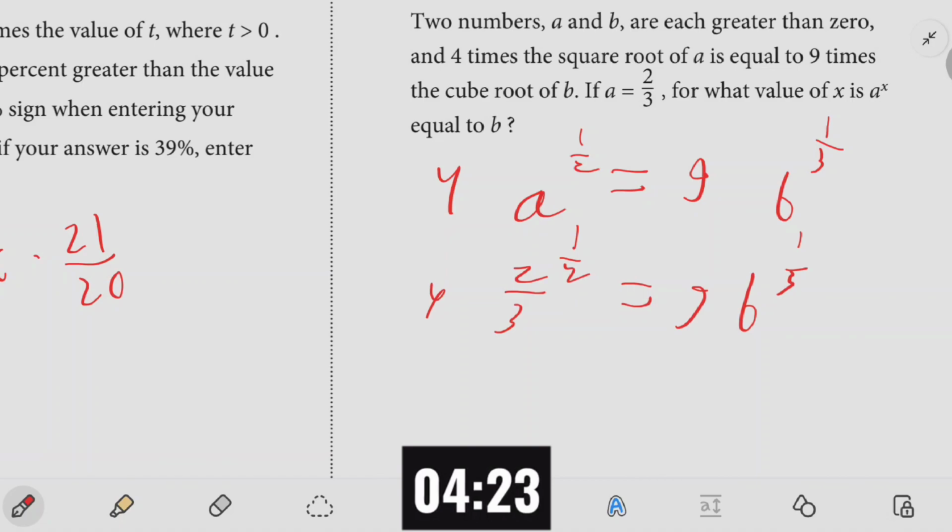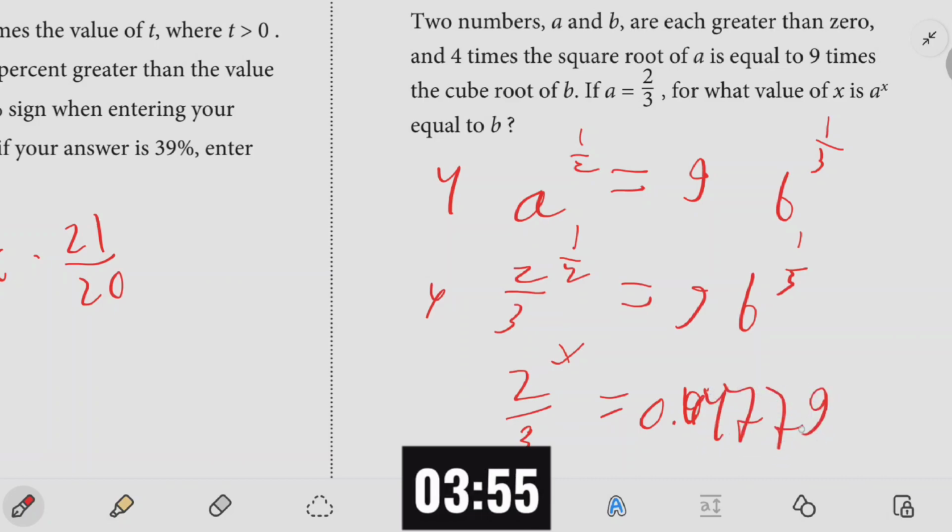Okay, let's do the square root of that times 4 divided by 9. Okay. 2/3 raised to something is giving us 0.04779.